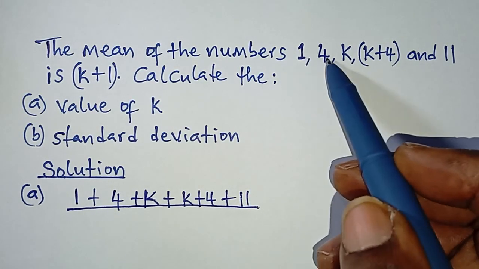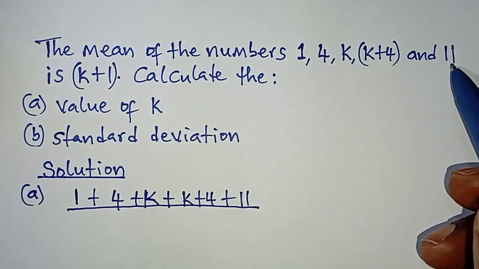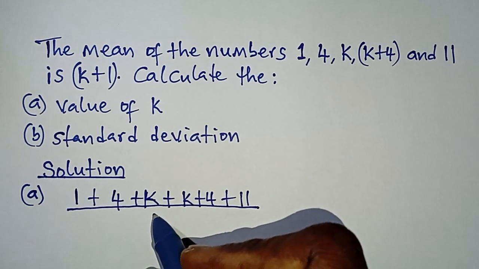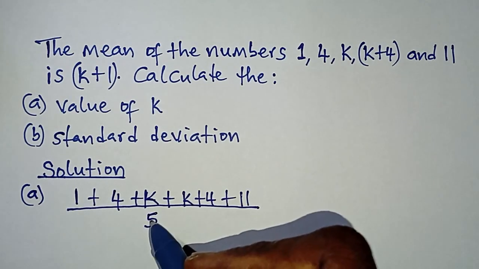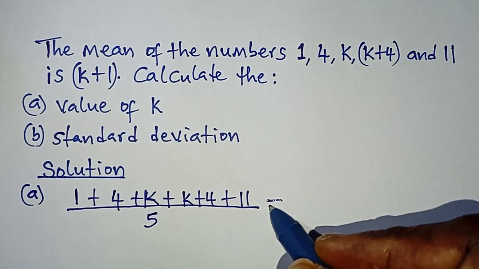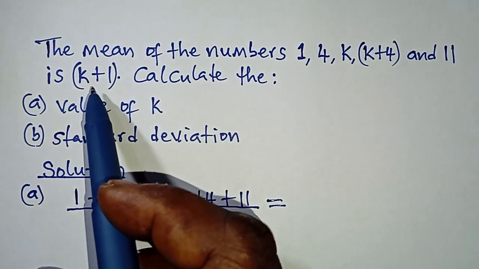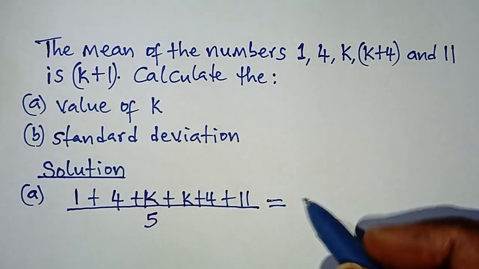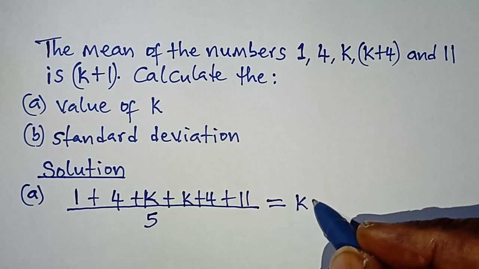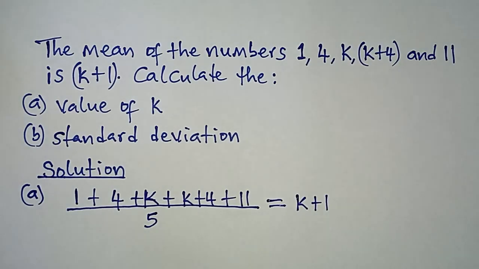So we have 1, 2, 3, 4, 5. We have 5 numbers there, so all divided by 5, and that should give us the mean, and we are told that the mean is k plus 1. So I'm going to write k plus 1 as the mean.